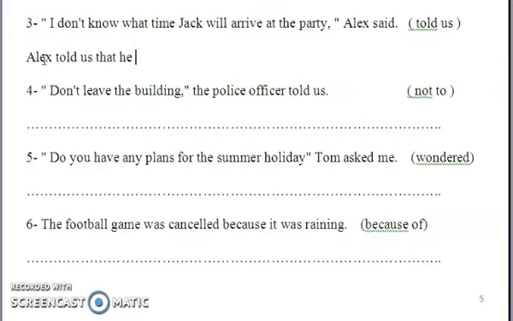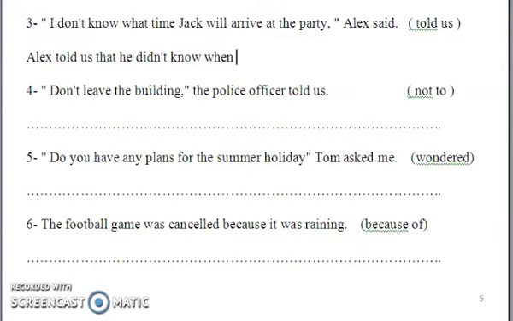Don't here is present simple, and the past of present simple is past simple. So that he didn't know what time Jack will arrive at the party. I can use what time, or I can use when also. If I wrote what time, correct. If I use when, it's also correct.